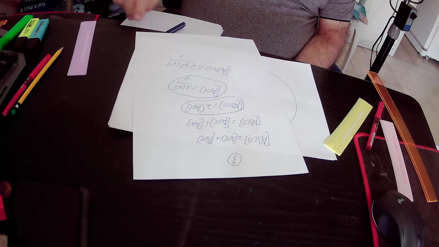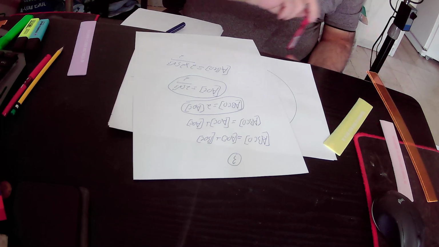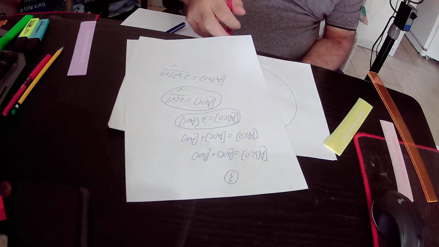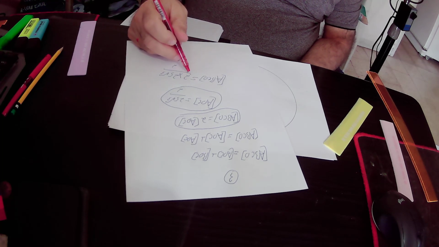So here we have 2 over 2, so 2 will be cancelled.